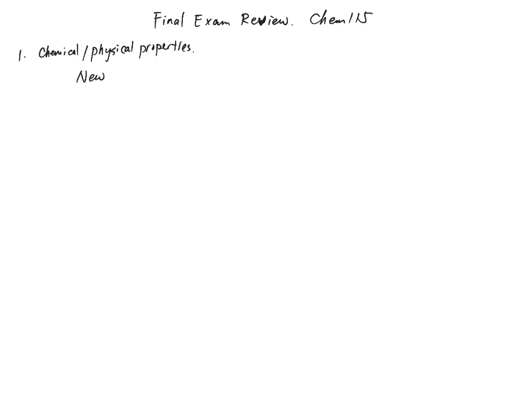For chemical properties, it always comes down to new stuff made. Did you make something new during the process? If you're only turning, let's say, water from one physical state to another, or you're only breaking glass into pieces, you didn't make anything new. The chemical makeup never changed, then it's a physical change.